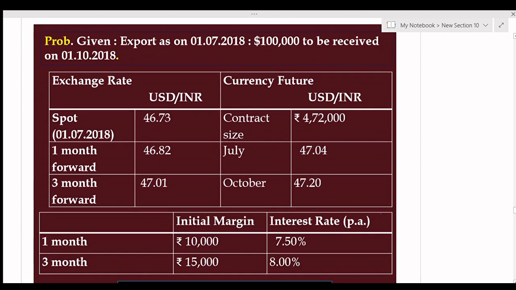Now comes the forward contract problem. Given an export on 1/7/2018, $1 lakh to be received on 1st October 2018.